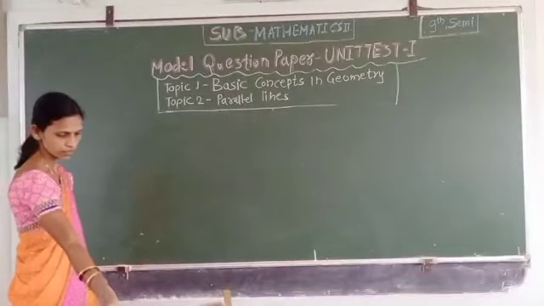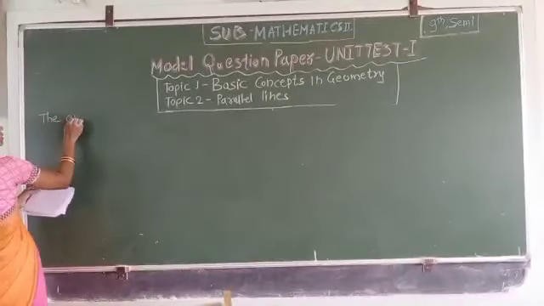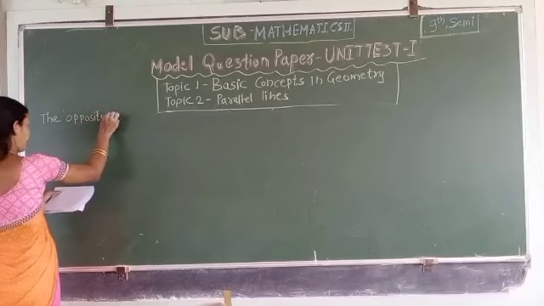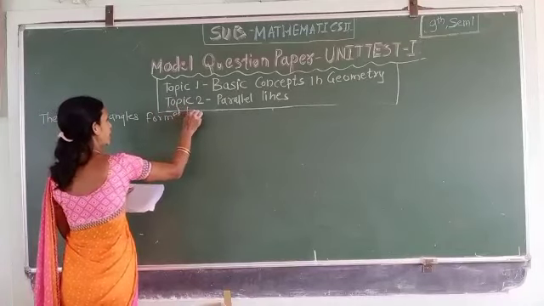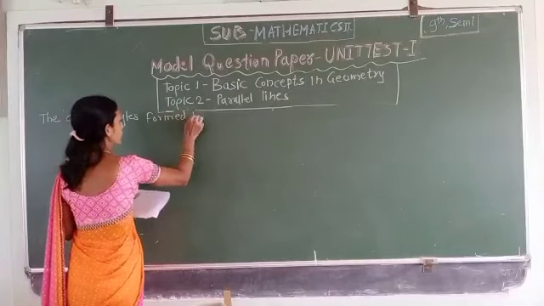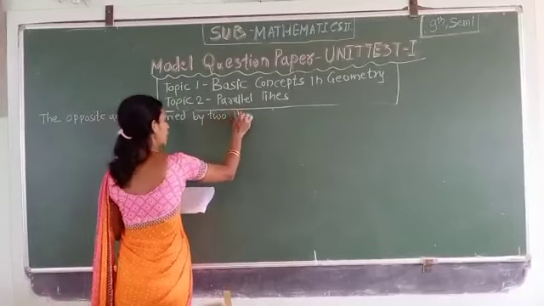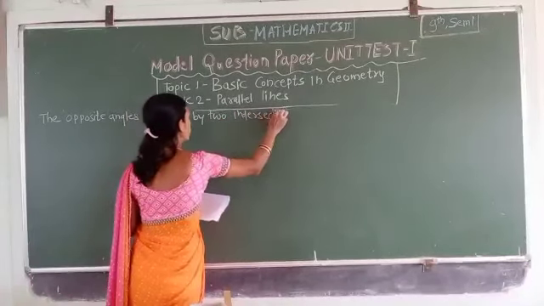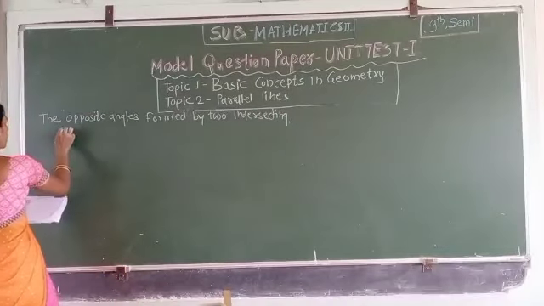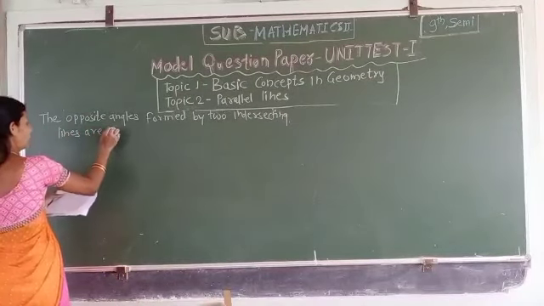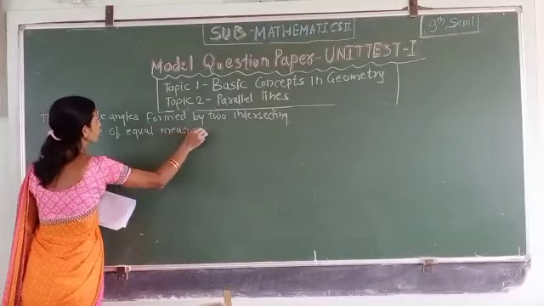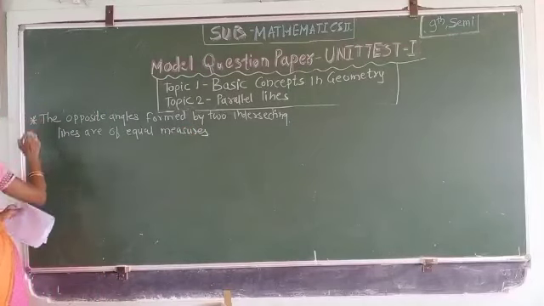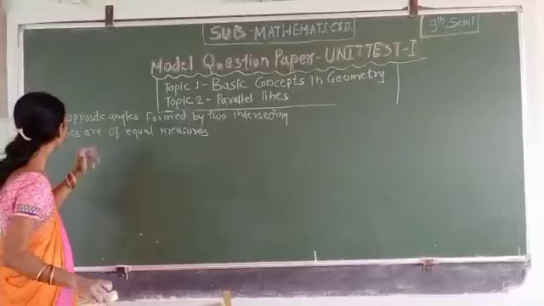The theorem says that the opposite angles formed by two intersecting lines are of equal measure, that means they are congruent.